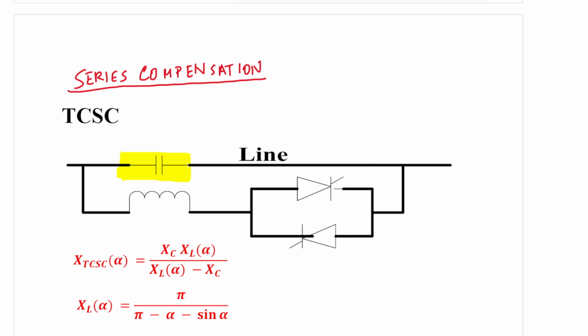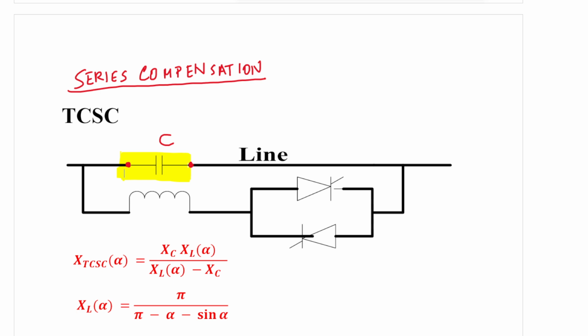Okay, this yellow shaded capacitor is the capacitance connected in series with the line. So this is C and this is the line. It is connected in series. So these are the two terminals.